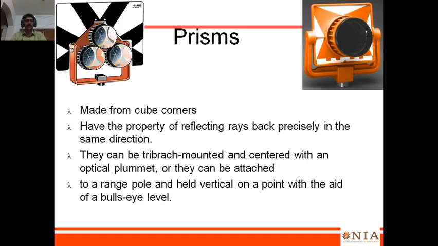They can be tribrach mounted and centered with an optical plummet, and they can be attached to a range pole and held vertical on a point with the aid of a bullseye level. We can hold them either on a tripod stand for standard accurate centering, or portable poles are available to hold the prism, and we can carry them wherever we have to hold. Right.